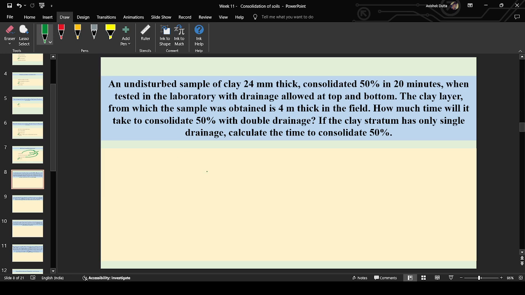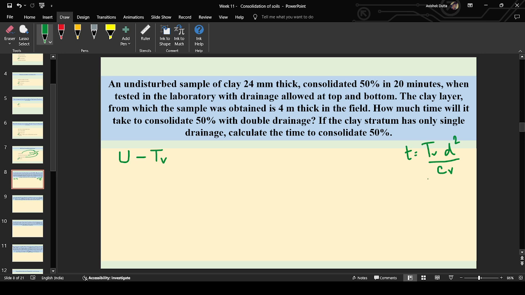So I have mentioned degree of consolidation. For the same degree of consolidation, the time factor will be the same, because degree of consolidation and time factor are correlated. Now we know that time of consolidation is equal to time factor multiplied by d square, drainage length, divided by cv, coefficient of consolidation.